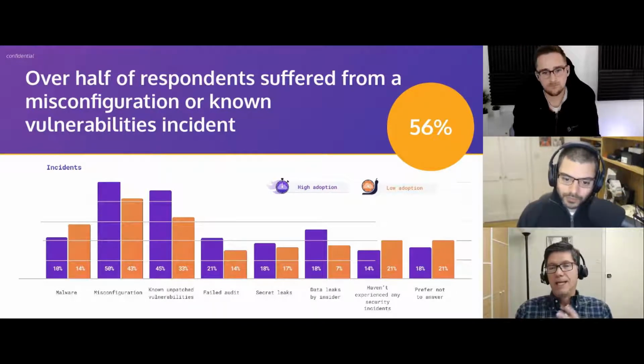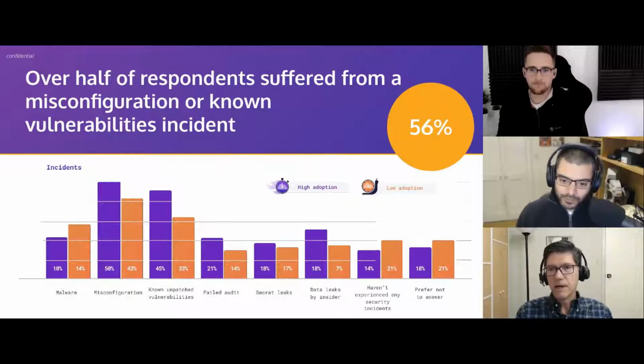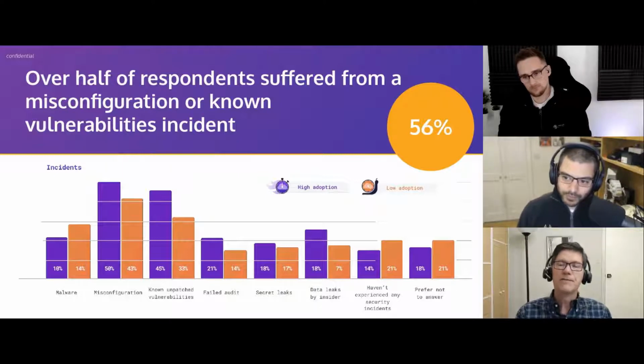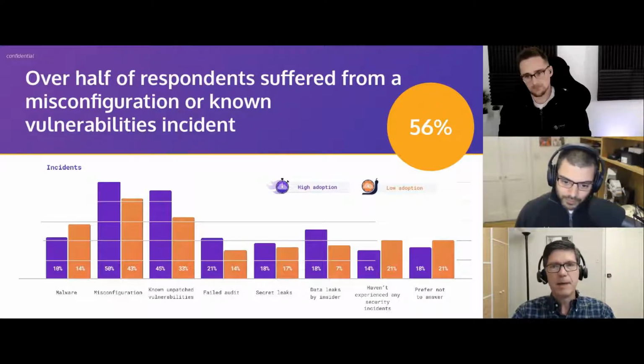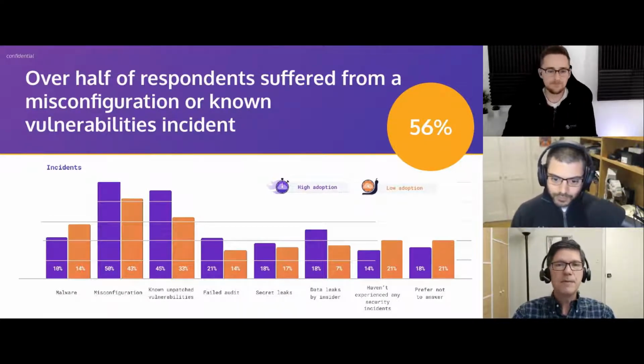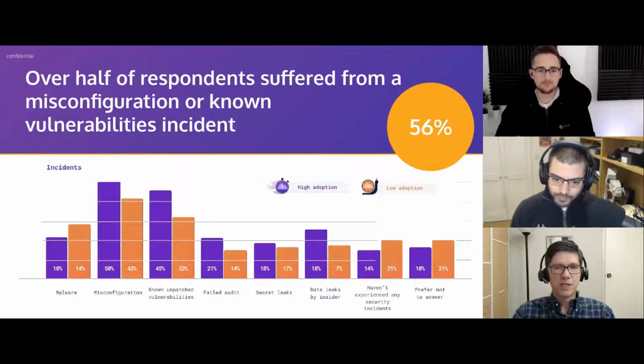Mm-hmm. Second potential reason that causes these results is the fact that cloud native applications very commonly use open source software. In fact, I saw a statistic published by Forrester just last month. They said that the average application now consists of 70% open source components, which is about double what it was 5 years ago.